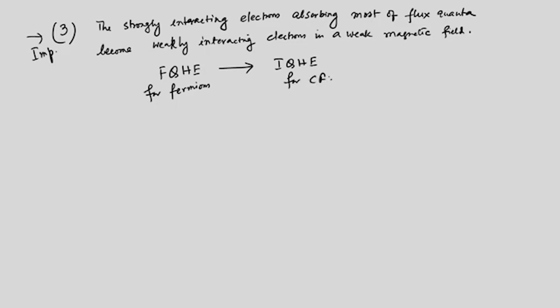Okay. So this is a big simplification that occurs. Okay. So let us see what happens and how it happens and so on. Okay. So we just said that the electrons actually absorb the flux quanta. So the effective field is reduced. So let's write down the effective field.